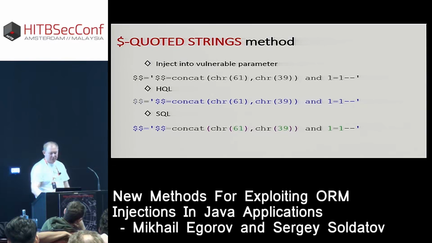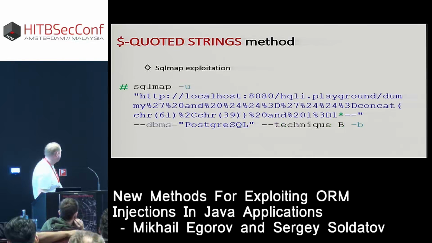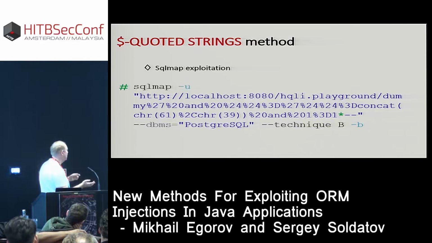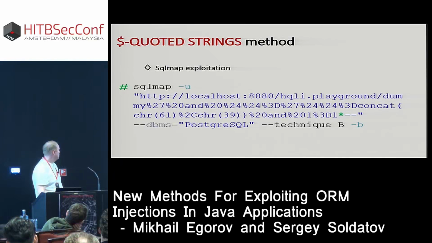And the exploitation of this idea looks like this. Again, this technique works only for PostgreSQL or H2, databases which allow double dollar quoted strings. And the green asterisk, as usual, is our custom injection point.